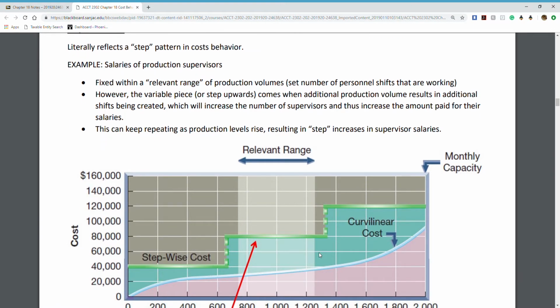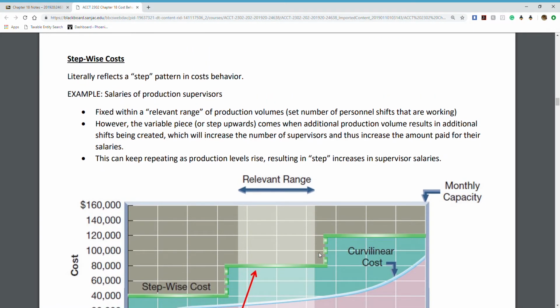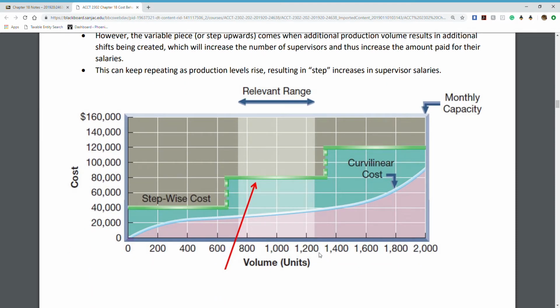Now, this one is another little thing that they threw in. That's a good analysis that just shows how fixed cost and variable cost kind of work too. When we look at stepwise, it's going to literally look like a step on the graph. And this is mostly because it works more with fixed costs that we actually have to increase on.